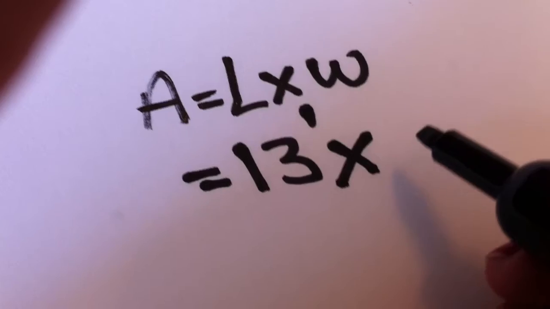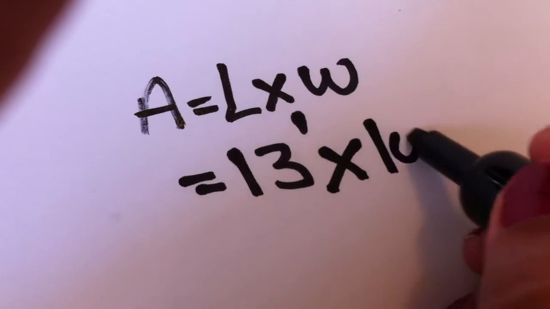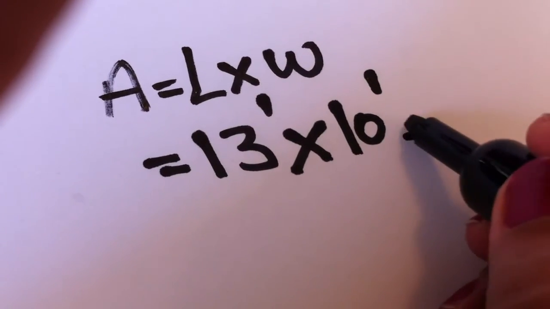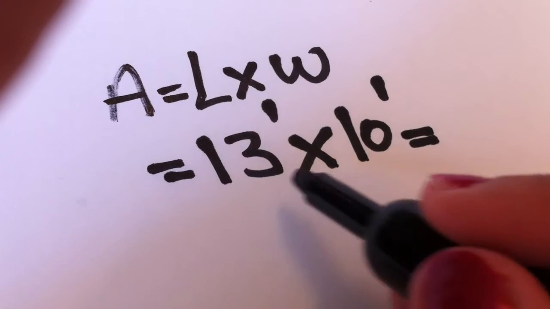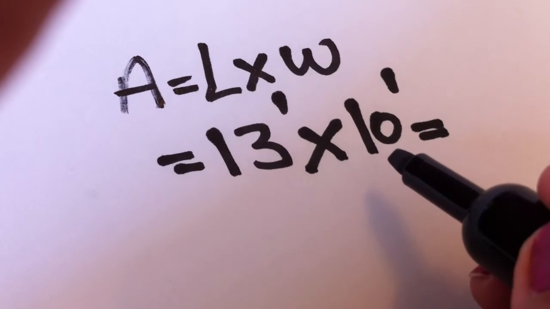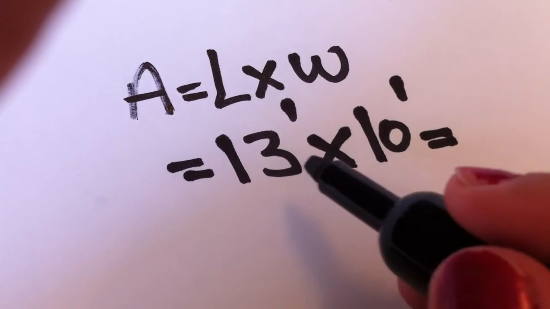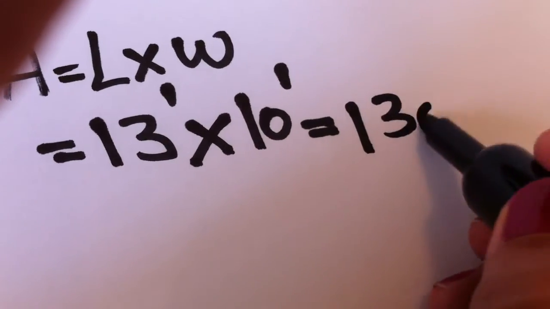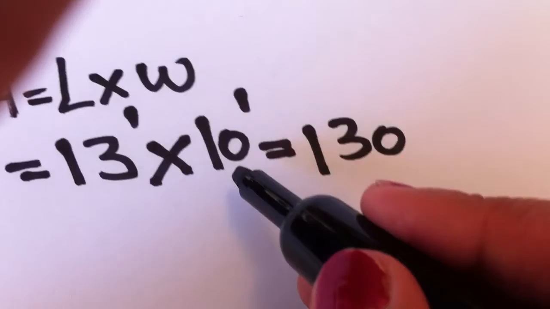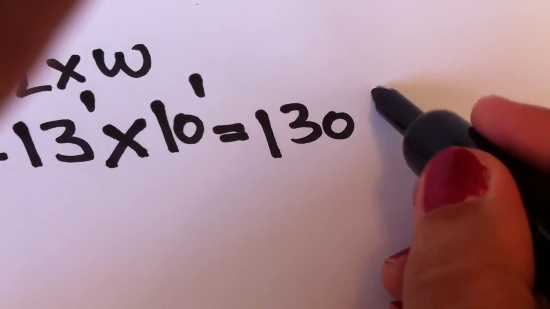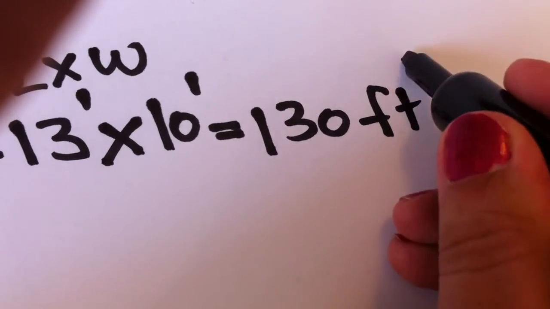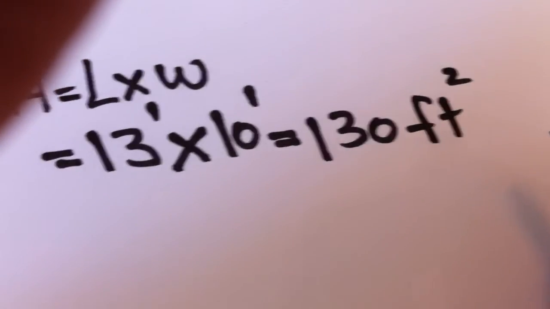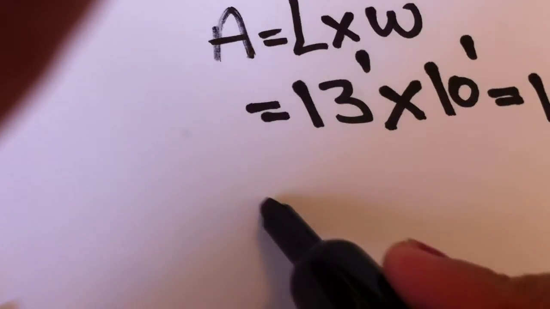Our width is 9 2/3. We round it up to 10. Alright, so it's 13 times 10, multiplying a number by 10, you will just add a 0 to the right of the number. So we have 130, a foot and a foot, so the unit of our area is square foot.